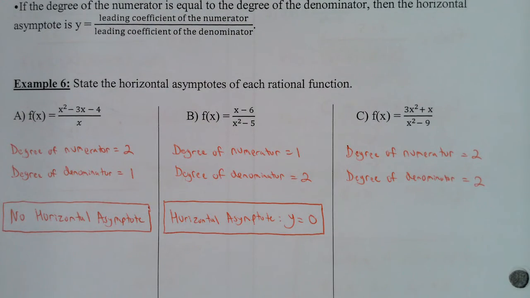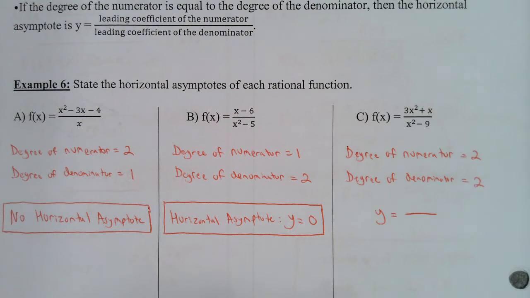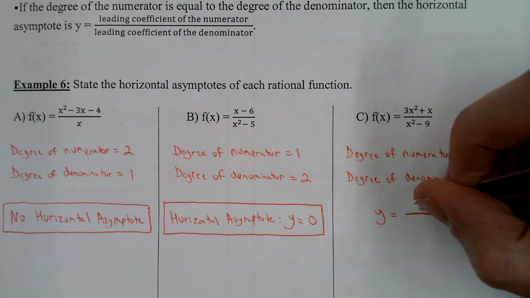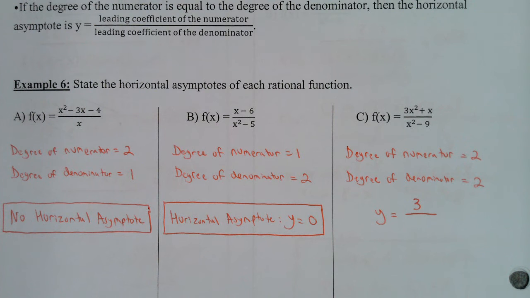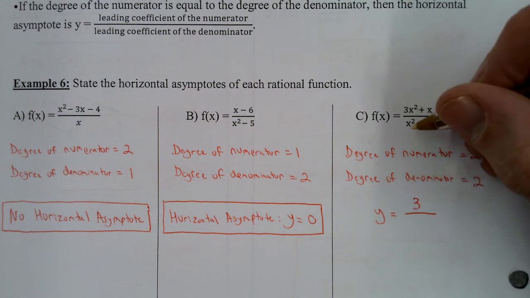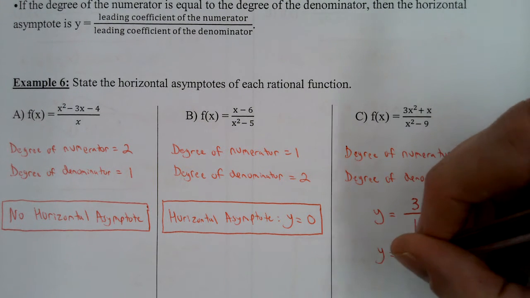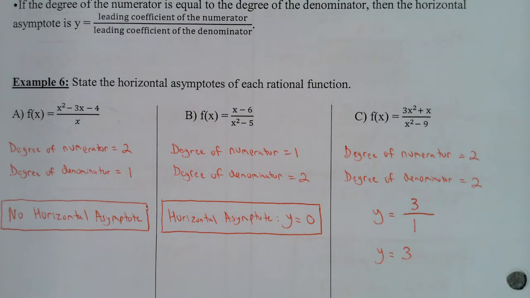Okay. So leading coefficient is a number in the beginning when it's in standard form. So the leading coefficient of the numerator is 3. And the leading coefficient of the denominator is 1 because it's 1x squared because there's no number in the beginning. So 3 over 1, which is just 3. So horizontal asymptote is y equals 3.